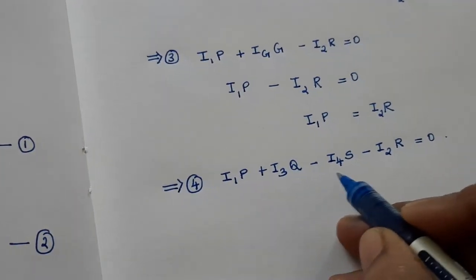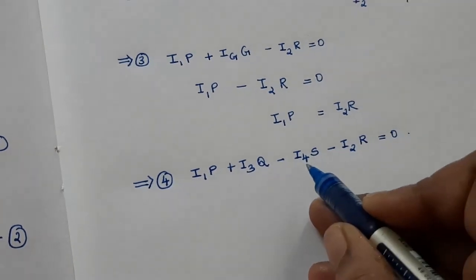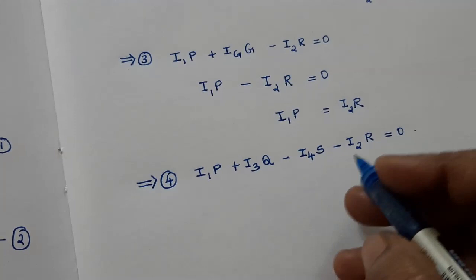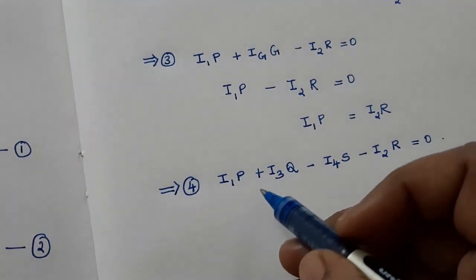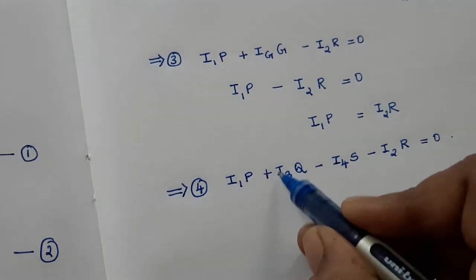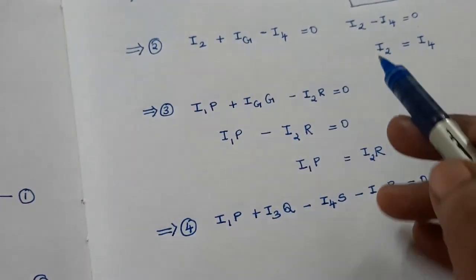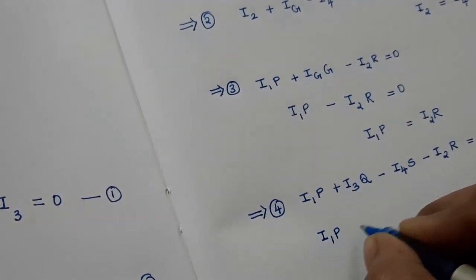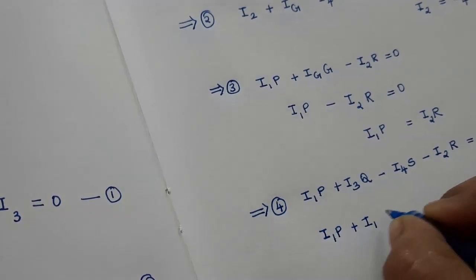I1P plus I3Q minus I4S minus I2R is equal to 0. Now in place of this I3, we can substitute I1 because we have shown that I1 is equal to I3. If I substitute, I will get I1P plus I1Q.